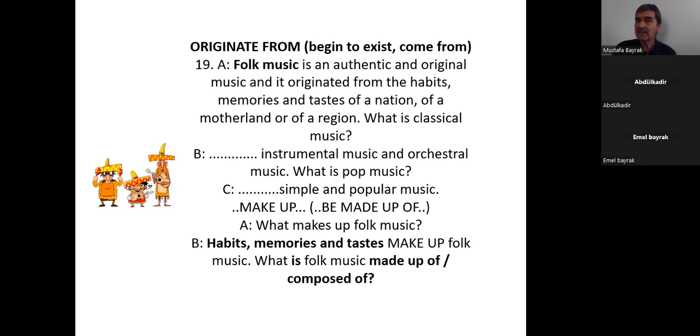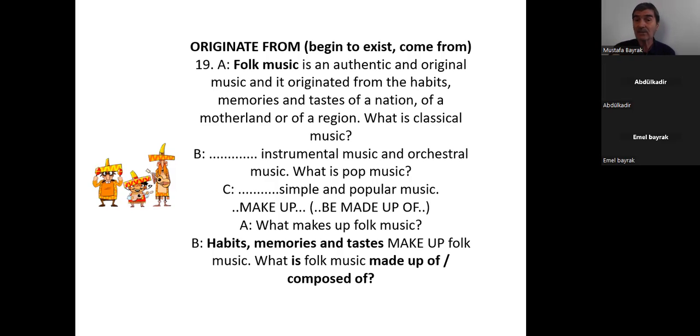Classical music is an instrumental music genre and orchestral music genre. What is pop music? What kind of genre is it? Pop music is a simple and popular music.